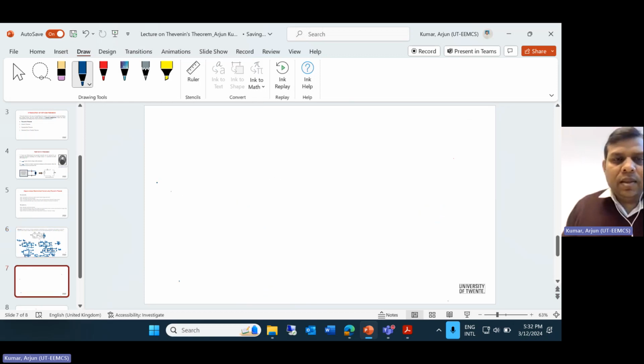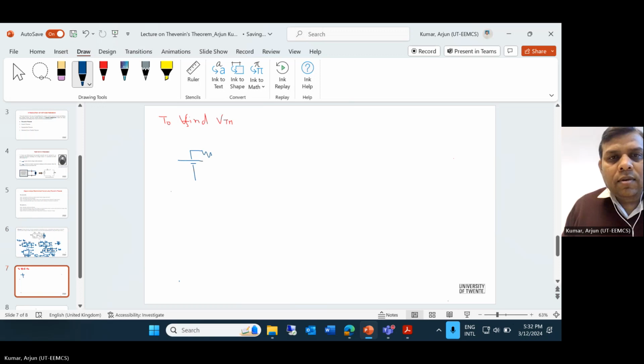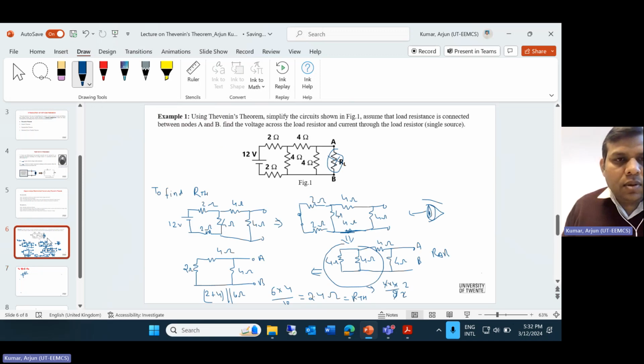Okay, now we have found the RTH. Now the next step, we have to find out the VTH. So again, what is the case? First, we just write the voltage source here. Okay, this is 2 volt, and this is, I guess, 12 volt.